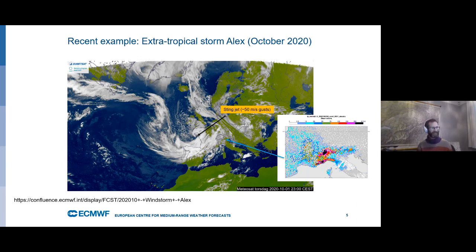And then quite far away from the cyclone center. So the cyclone center stayed over the Bay of Biscay up to the British Isles for a couple of days, but quite far away over the southern Alps, the same cyclone system caused very extreme rainfall, and one station actually observed more than 600 millimeters in 24 hours.